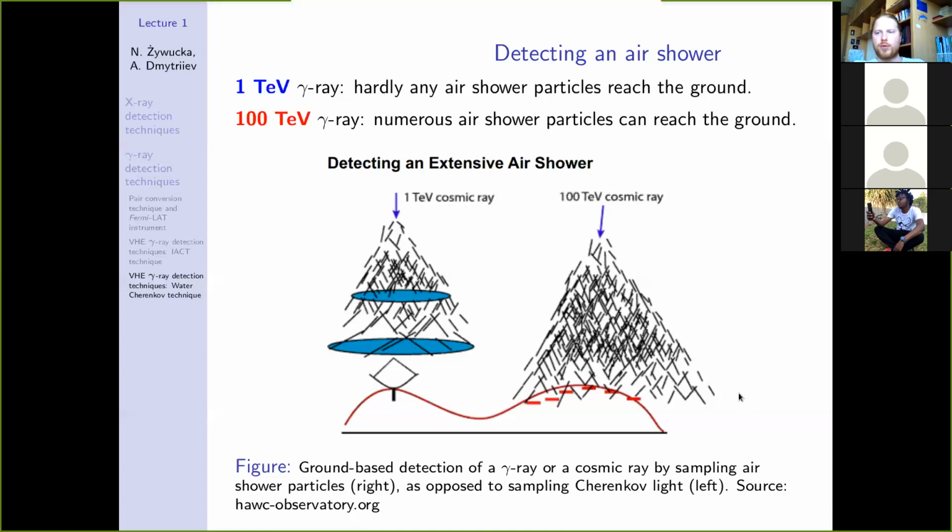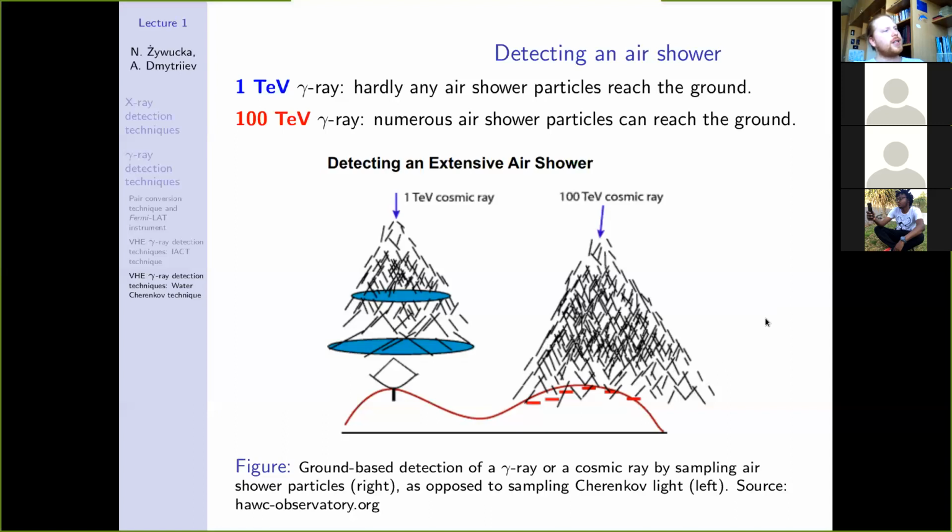So it will be closer to the ground level, because this 70 MeV threshold, when the cascade starts to die out, will be reached at much lower altitudes. So the shower is more extended towards the Earth. So for a 100 TeV cosmic ray or gamma ray shower, many more particles will be reaching the ground level.